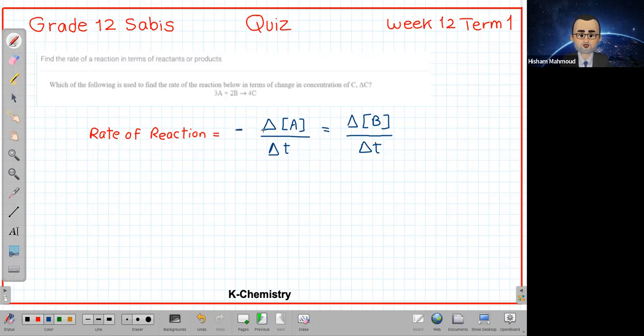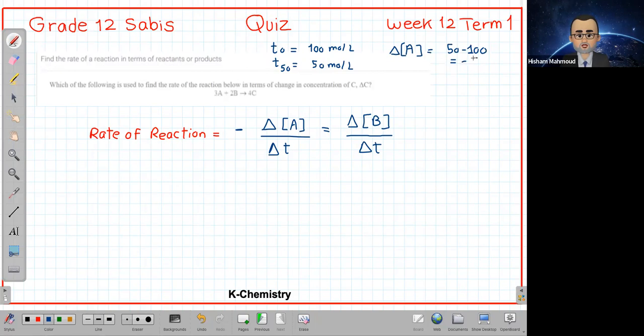Why? Because let's imagine that this is a reactant A. At the beginning of the reaction at time 0, it's equal to 100 molar, or mole per decimeter cube, or per liter. And after 50 seconds, let's say time is equal to 50, it becomes 50 mole per liter. To find the difference, which is the change in the concentration of A, you will have to subtract 50 minus 100.